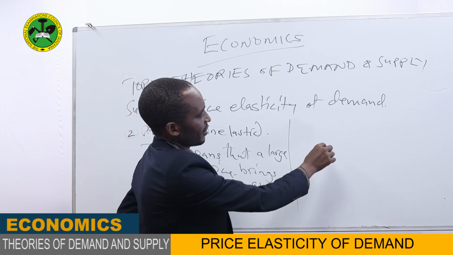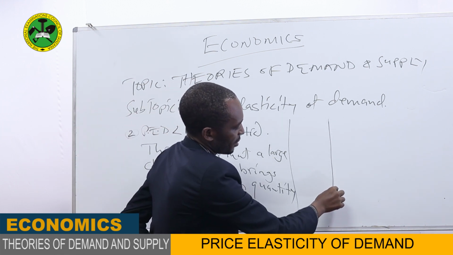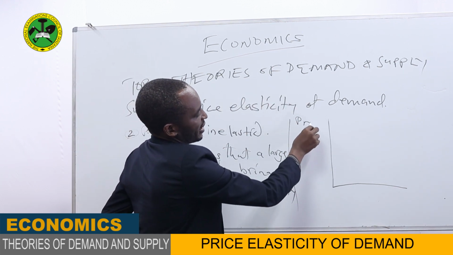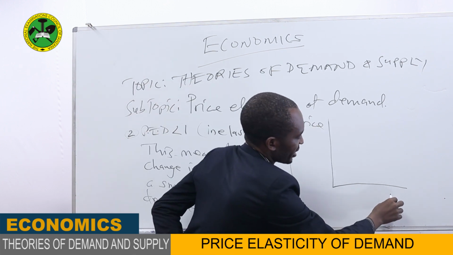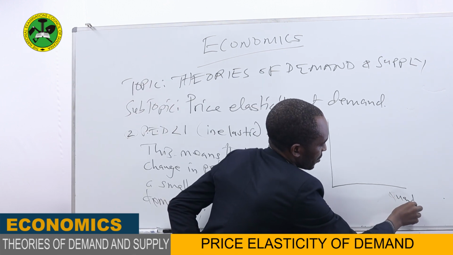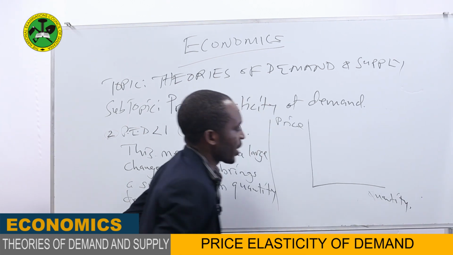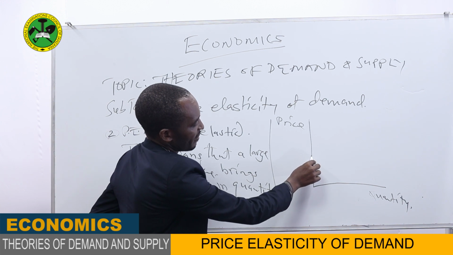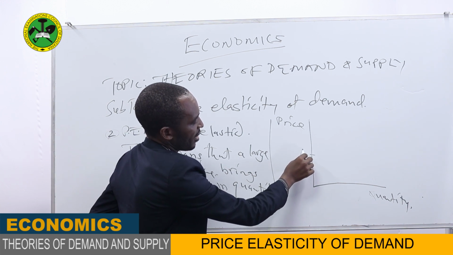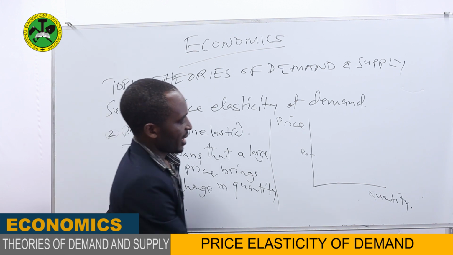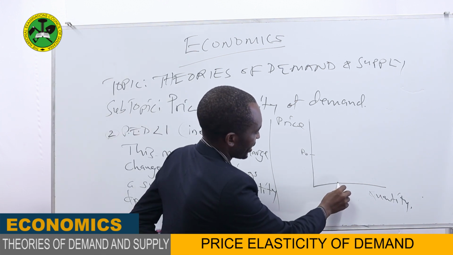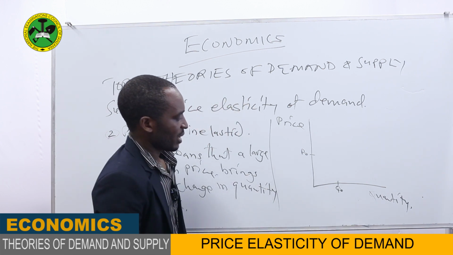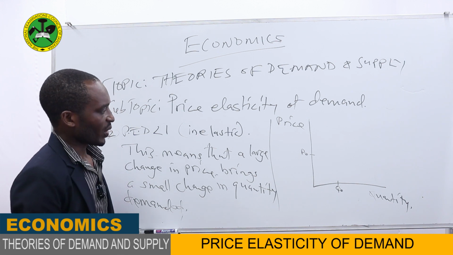it will look like this. Here is price. The vertical axis you put the price, and the horizontal axis you put quantity. Now assume the original price is P naught, and the original quantity, let's say, is Q naught.